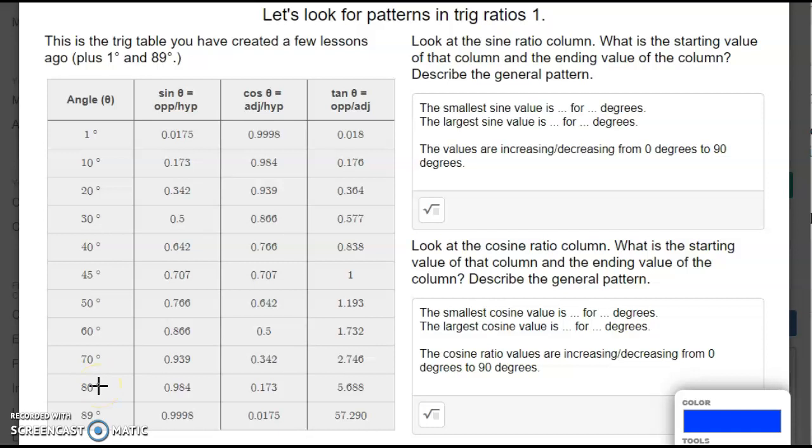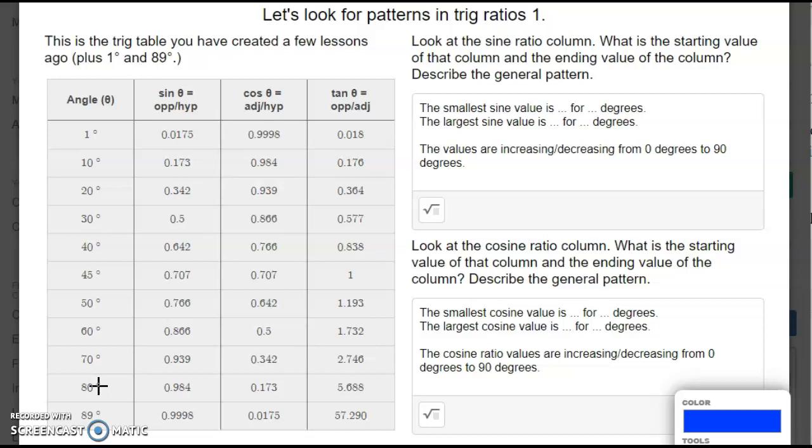Looking at the numbers 0.0175, 0.175, 0.342, 0.5, and so on, what do you notice about all the numbers? They are still less than 1, but they are increasing. This is a very, very small number, but then it gets very, very close to the number 1.